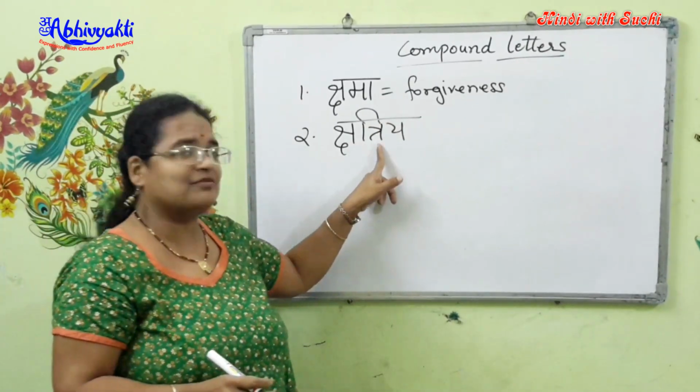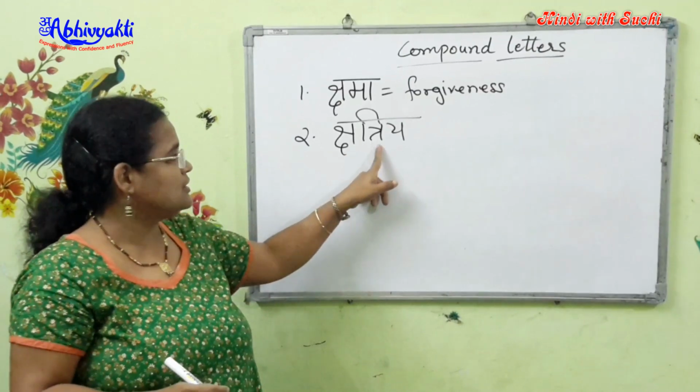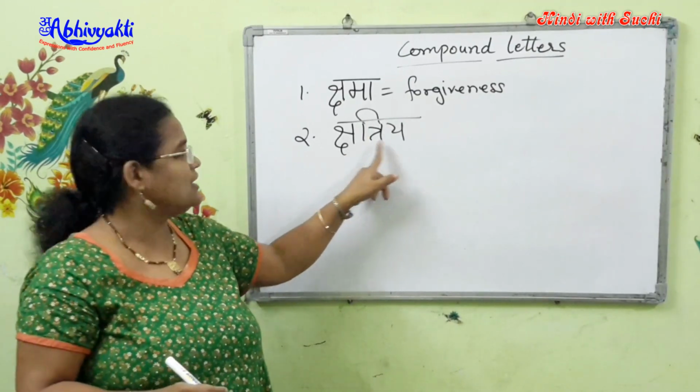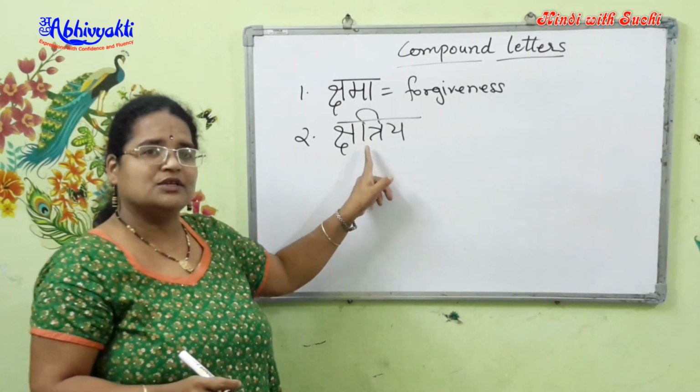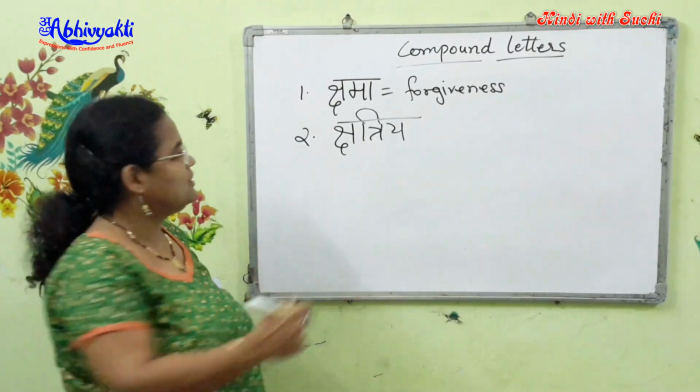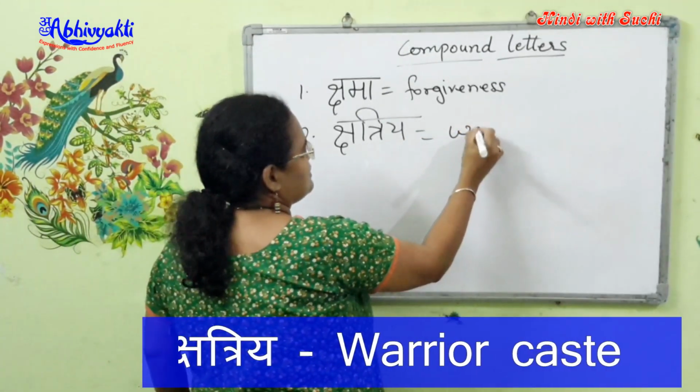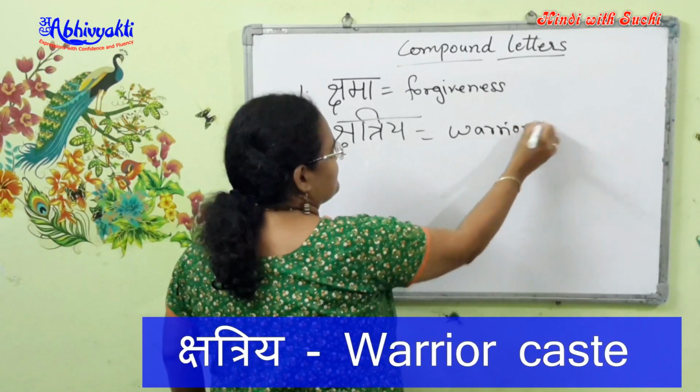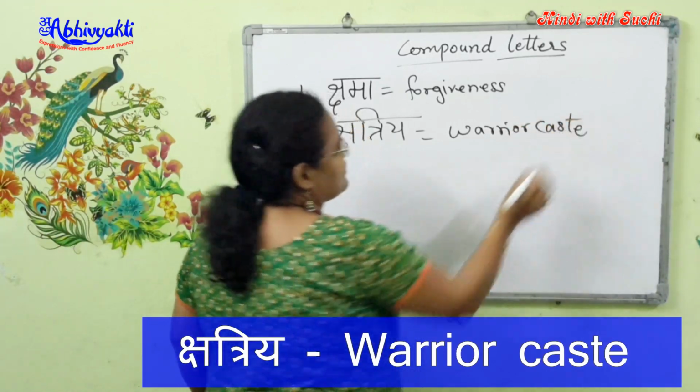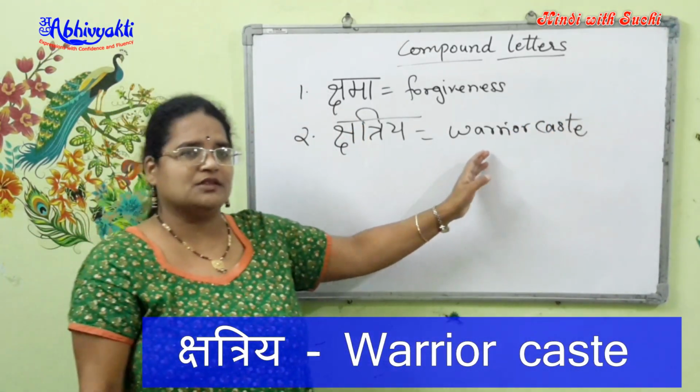Kshatriya. Now I also have the tra in this. Ksha, tra with e matra, tri and ya. Kshatriya. Kshatriya is the warrior caste. The warrior caste is called Kshatriya.